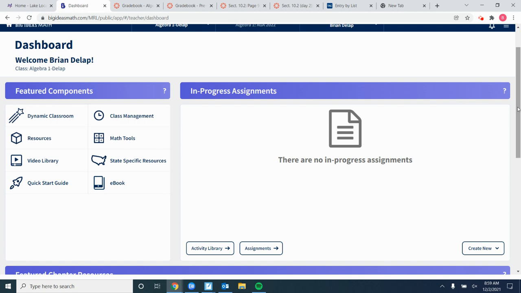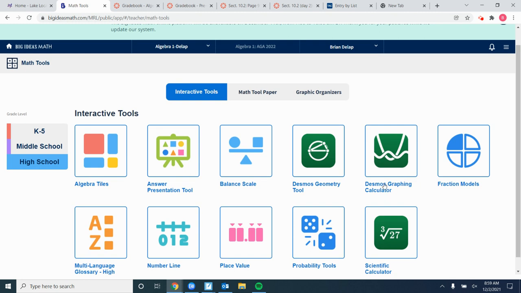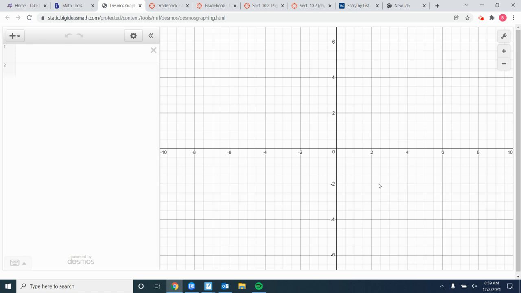Let me see what yours looks like. Okay, I want to look and see under math tools and see what happens here. Okay, see where it says Desmos Graphing Calculator? Okay, good.